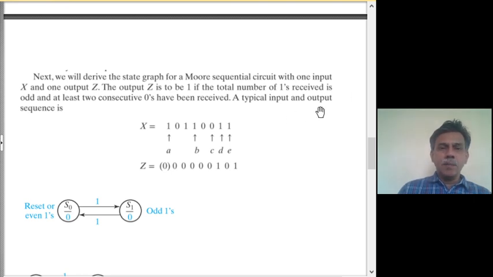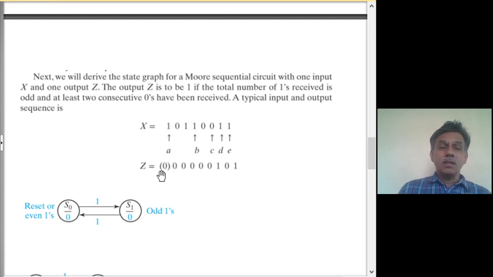So, this is a typical input output sequence. Let us say, to begin with, we should keep looking at the number of ones that has occurred. We should have a count of the number of ones, and based on the count we should deduce whether it is odd or even.